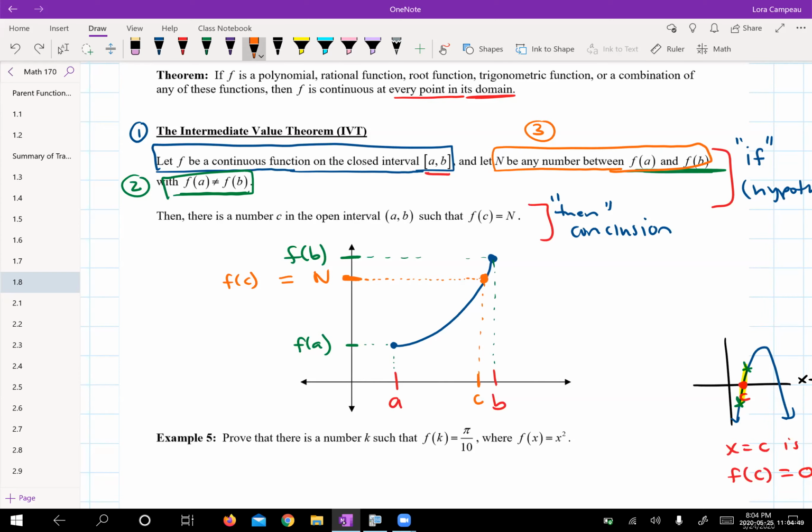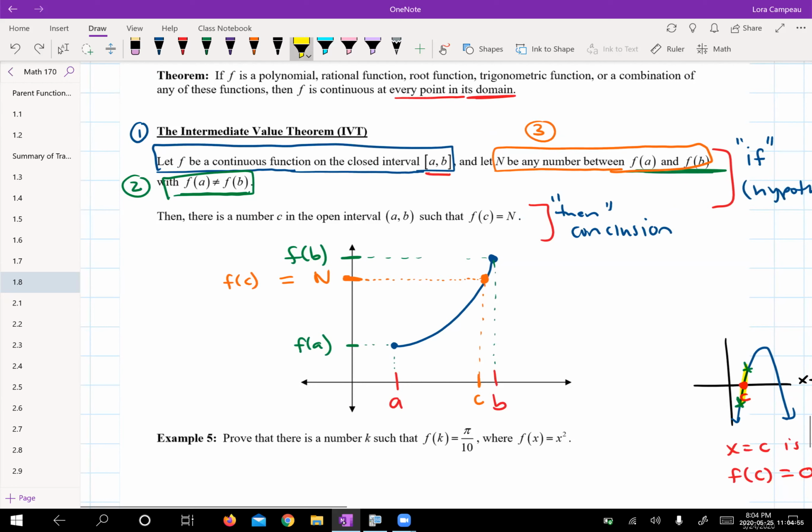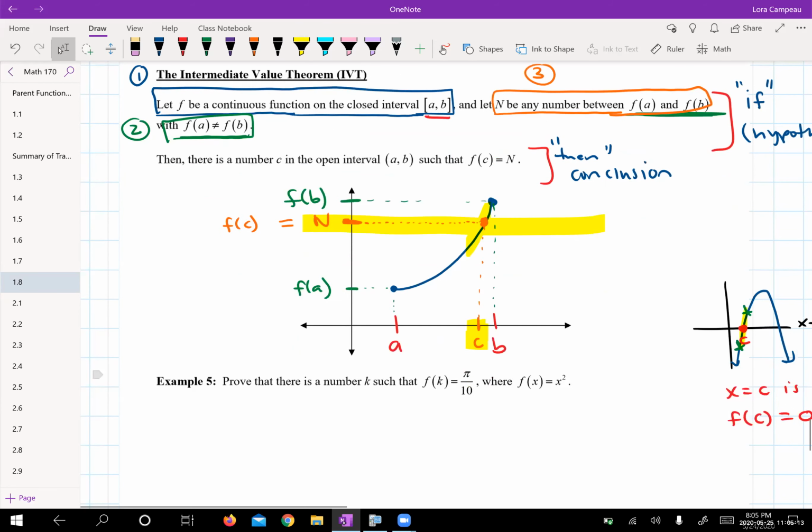I don't want to cancel that out. I want to highlight it. They're just trying to tell you that your function should be crossing through y equals n somehow. We'll let that sink in. It's not always automatic. I have to do a couple of these to play around with so I can really interpret. I always like to refer back to roots because those are the ones I understand a lot more.